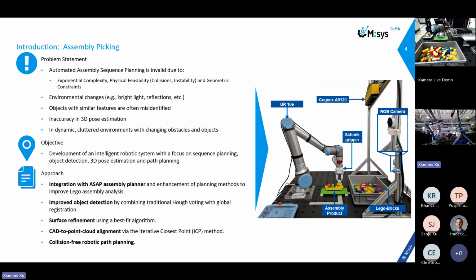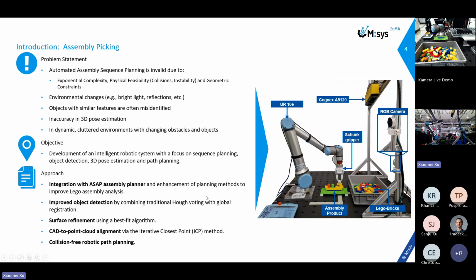Then, based on the sequence plan, it will identify the bricks or the parts in the cluttered environment. Then it will do object detection and 3D pose estimation to define the start pose for the trajectory. The place position will be defined from the sequence. The trajectory planning helps the robot make a collision-free and smooth motion to pick the parts and then assemble them.